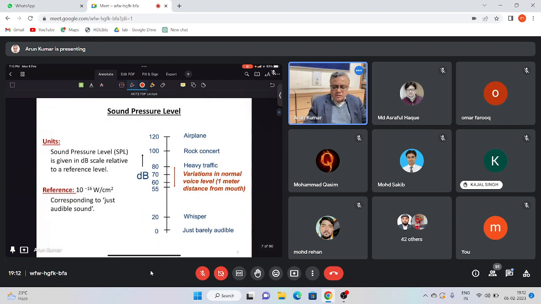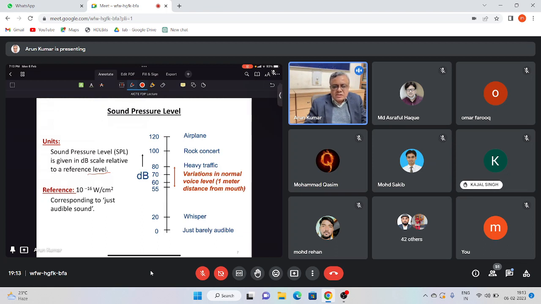Now, the most common measure of the speech is in terms of the sound pressure level, which is very closely related to the sound intensity level also. And typically we give the sound pressure level in the decibel scale, that is relative to a reference level. This reference level is taken to be just audible sound.